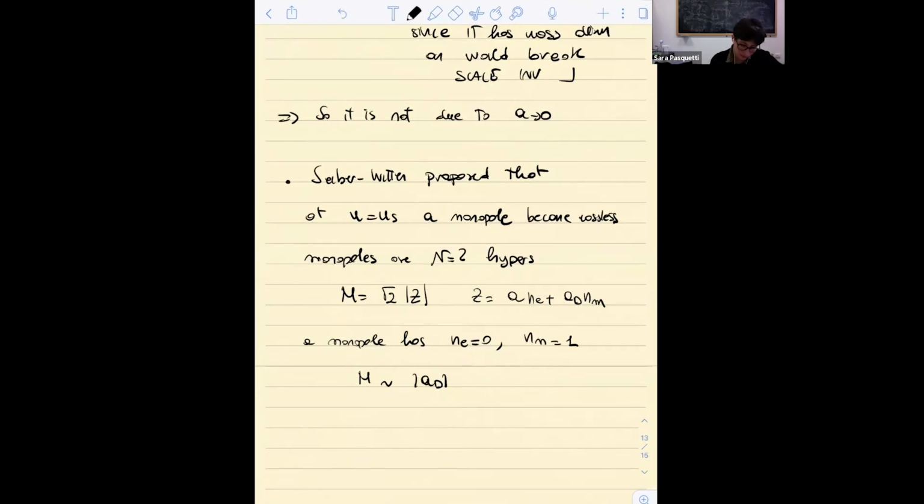So the assumption of Seiberg-Witten is that at u equal to u_s, monopoles become massless. And a dual, which is the mass of the monopole, is going to 0. So it's totally different from what we were expecting classically, where we were thinking that there is a singularity at u equal to 0, where a is going to 0 because we have an unbroken SU(2).